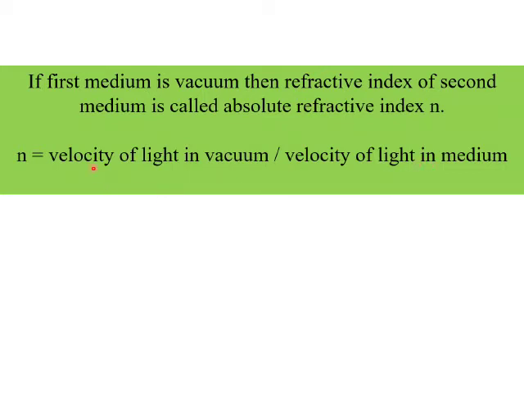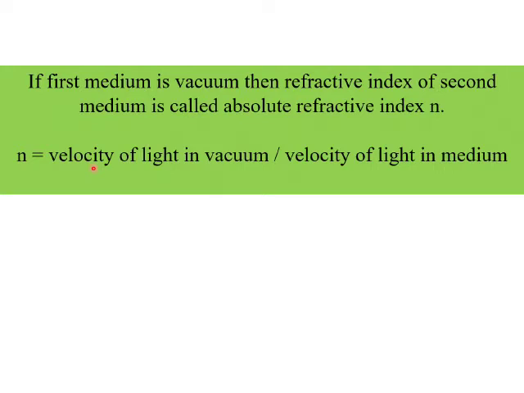So if you have your first medium to be vacuum, then the refractive index of the second medium is called absolute refractive index. For example, that of air will be 1.0003, ice 1.31, etc. So this is what is referred to as absolute refractive index.